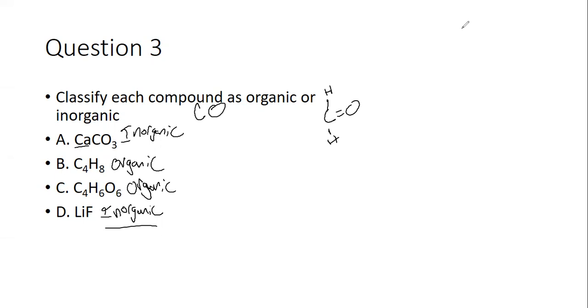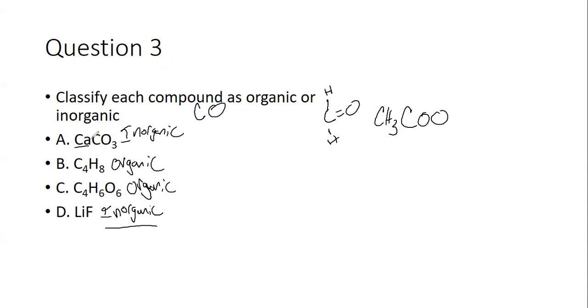So when carbon is next to an oxygen, it's inorganic. No, not there. You can definitely have, so this, that is organic. It's usually if it's only like carbon and oxygen.